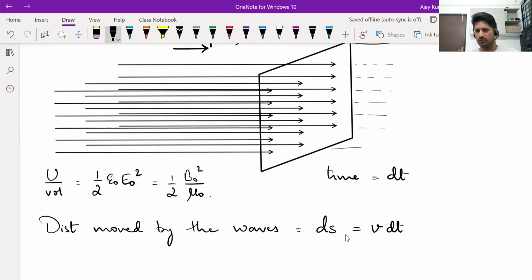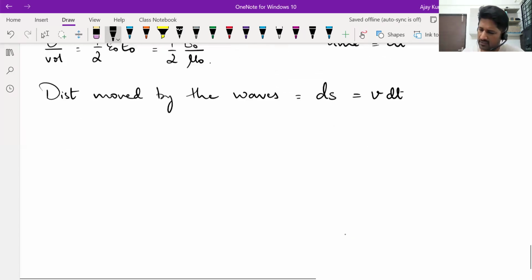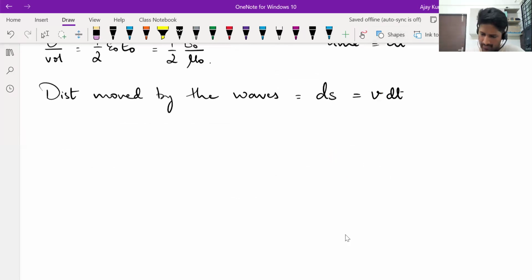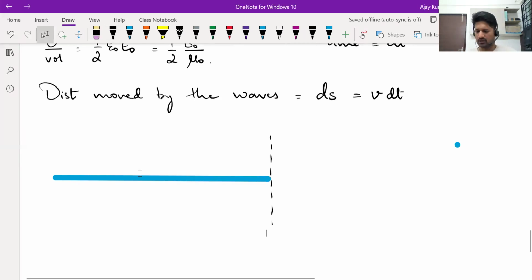If the waves move forward by that much distance, whatever energy is trapped in that distance gets incident on this surface. You can visualize it like this also. Let's say this is an EM wave, and assume there is a surface or a boundary here. The EM wave carries energy. We don't know the total energy in the wave, since it depends on how long the wave is and how much space it occupies.